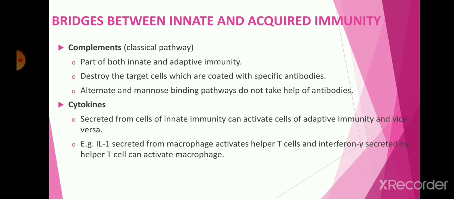Helper T cells then activate the B cell component to trigger the production of antibodies, and interferon gamma secreted by the helper T cell can activate the macrophage. So these work vice versa: they can activate the macrophage, or the macrophage can activate the T cells.